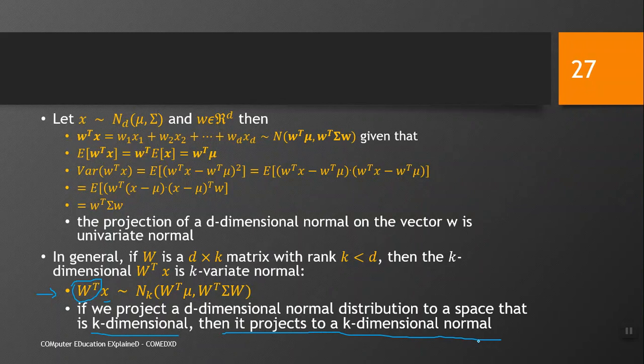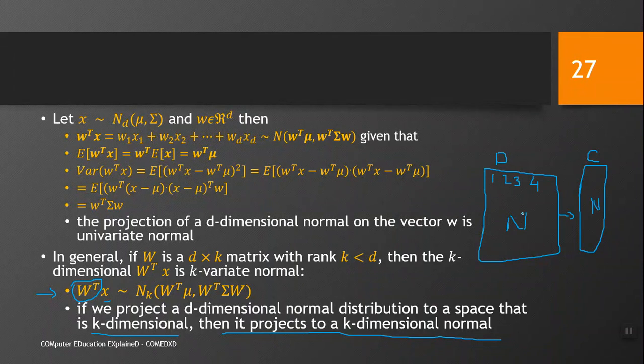What it says is very interesting. If we have d-dimensional data and we project it, meaning we transform it into one-dimensional data, just like that we have 1, 2, 3 and 4 dimensions, and we want to predict its class. So if this is normal, this one-dimensional would be a univariate normal.